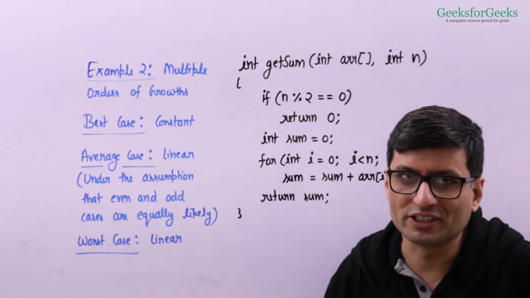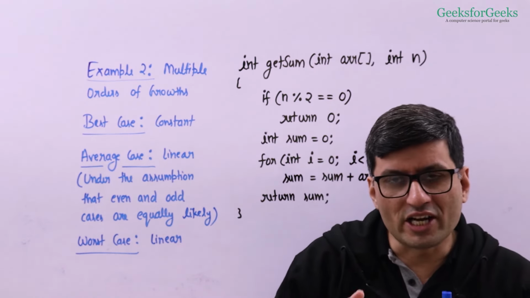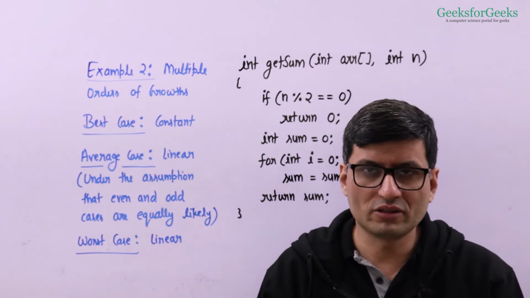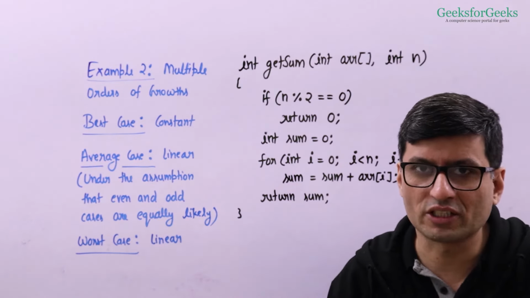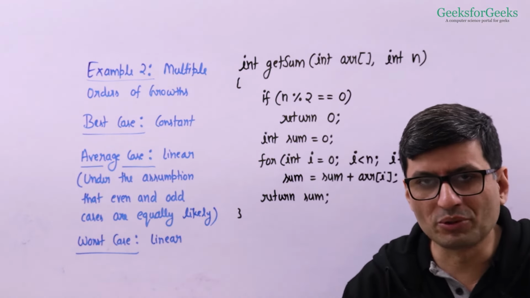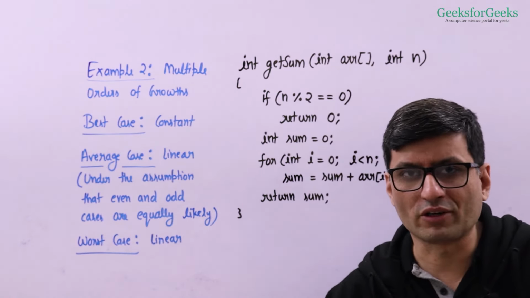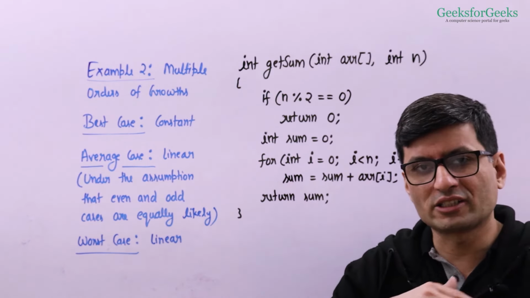Now, what is the average case? Average case goes like this: it's the time taken for every input. Say you know that users of this function are going to provide these 1000 different inputs. You compute the order of growth or time taken for every input, for those 1000 inputs, and then divide the sum by 1000.